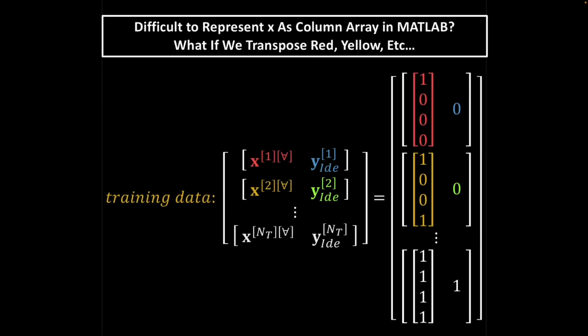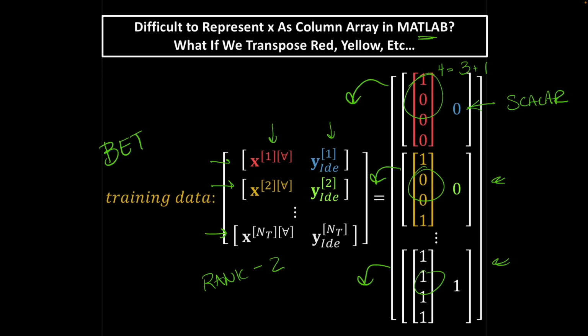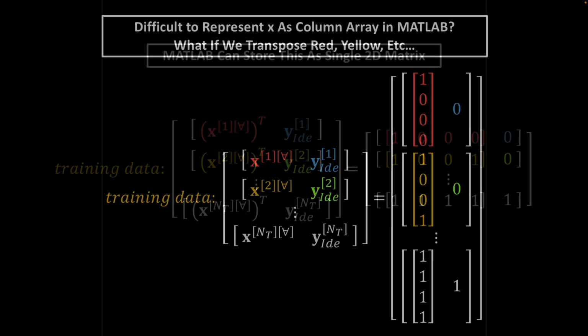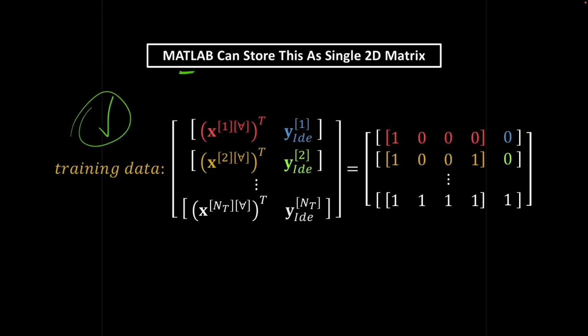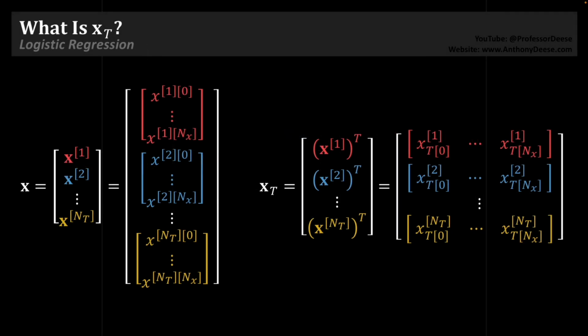So although this is the better representation of the training data, we're going to go ahead and use this representation right here. And lastly, for some parts of the equation, it's easier if we have a quick way to denote X versus its transpose. So here is X, and here is X sub t, which is not the transpose of the whole thing. It's simply just the transpose of the individual rows. So if you see this value in the equation later on, that's what it's referring to.